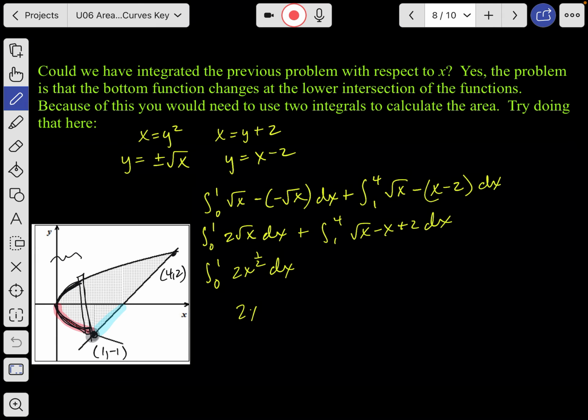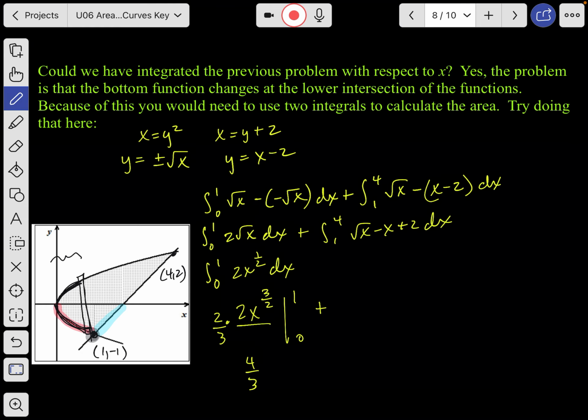And 2x, let's see, add 1, that's going to be 3/2 divided by 3/2, so I'll be multiplying by 2/3. And evaluate that between 1 and 0. So let's see, that's just going to give me 4/3, right?